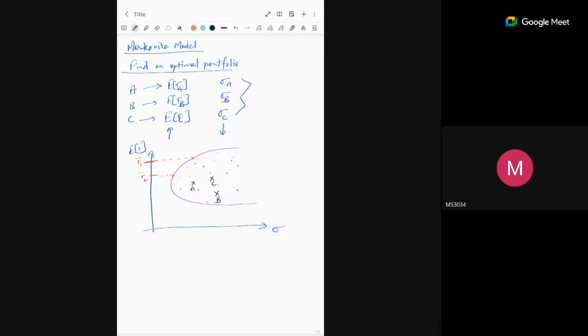The portfolio which appears on the leftmost boundary is the one I should consider if I am a rational investor. Why? Because you want minimum variability for a given expected return, correct? So this purple line is your minimum variance set.